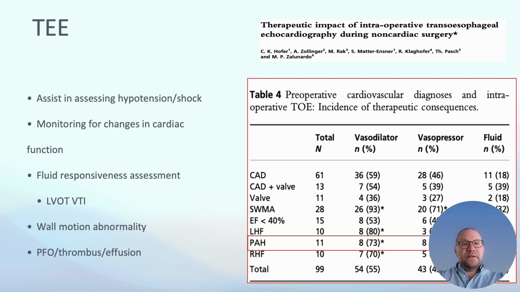It can help me assess why someone might be hypotensive intraoperatively, looking at maybe dynamic changes in cardiac function or valvular function, fluid responsiveness, particularly through maybe shooting a LVOT VTI. Or is there something concerning from the case that they developed a thrombus or something, particularly in a patient who has cancer, right?